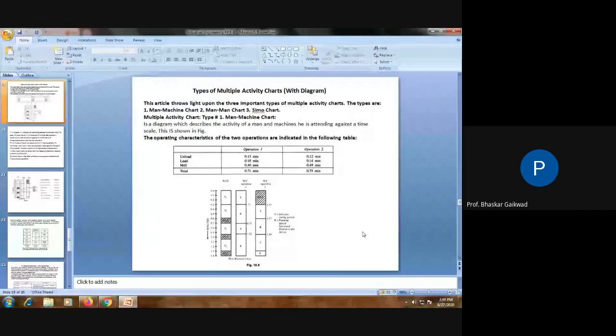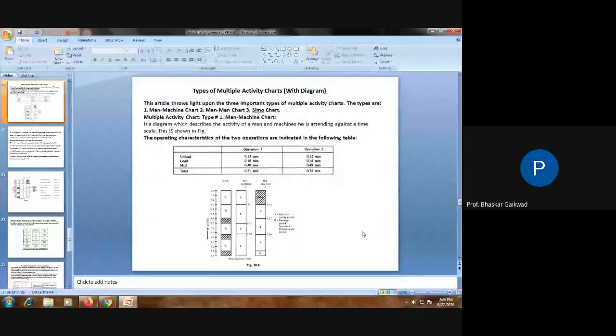Once the man starts the machine, one of the machines will go for setting. Machine number 1 is setting, at this time machine number 2 is idle. That means the hatching lines indicate idle, and R indicates running. So once again you can remember, S stands for setting, R stands for running, and the hatching stands for idle.